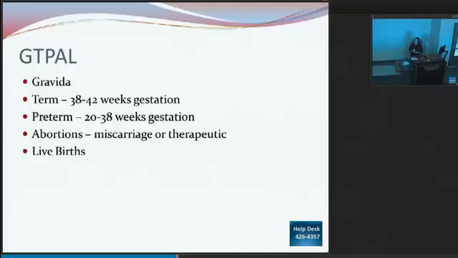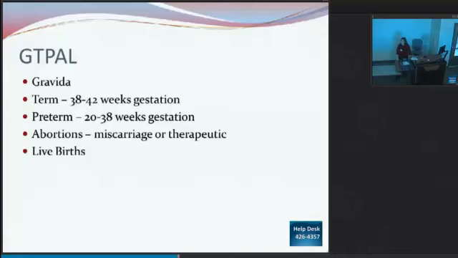Preterm is anything between 20 and 38 weeks. Once fetuses reach that 20-week mark, that's a good sign. That means that we're on our way and we're doing really well with that pregnancy. When you hear the word abortions, a lot of women do not like that word, but we do use that word for miscarriages.